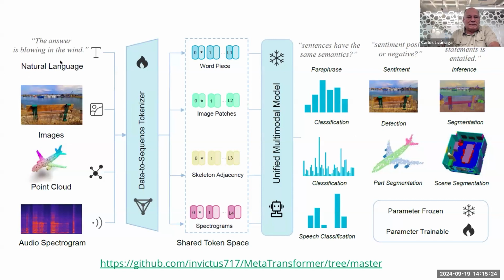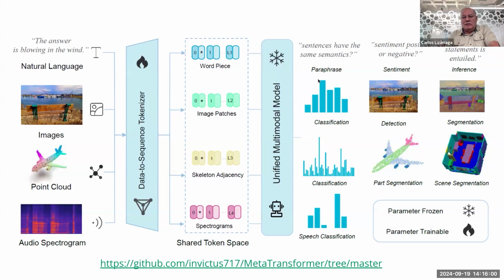Okay. So these are the processes. Depending on whether we're doing text, like natural language, or an image, or just a point cloud, like a three-dimensional image, or an audio spectrum, this will be sent to these tokenizers. And these data-to-sequence tokenizers will split the information into different tokens, and that will be analyzed by the multimodal model. We can adjust some parameters over here, but we can't change these parameters over there.